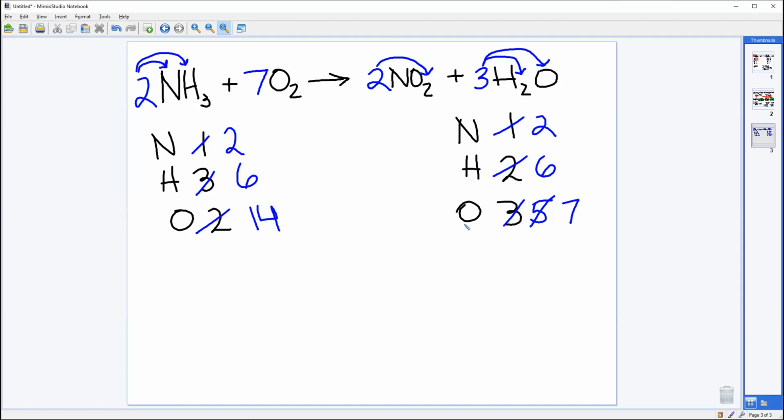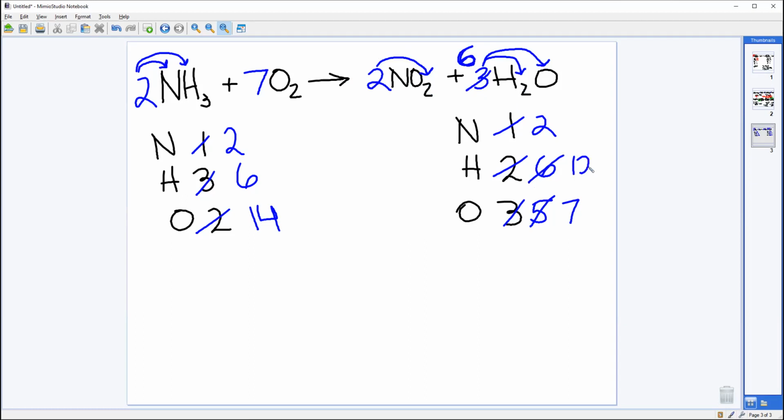So if I know I need at least 3 hydrogen here to get me balanced over here, and I have 4 here, what happens if I put, let's say, let's double this to a 6 and see if that will get me closer.